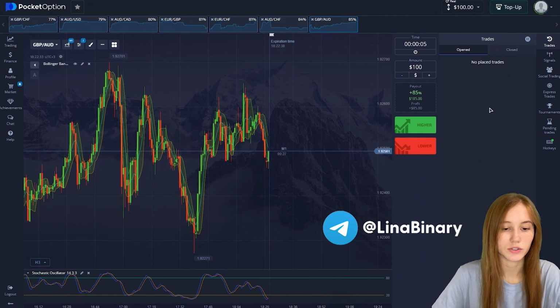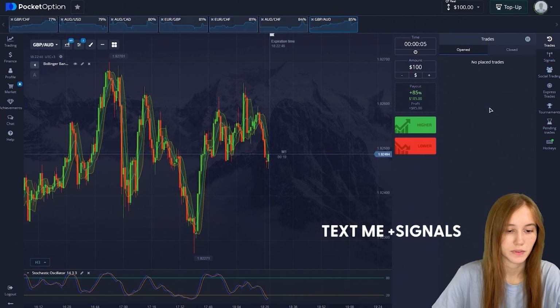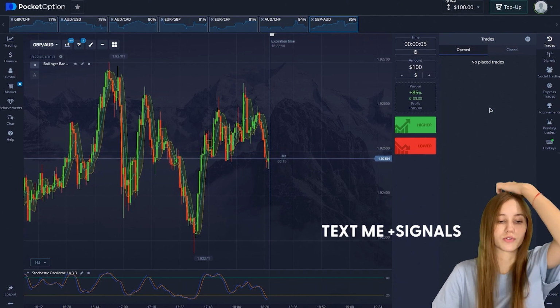So today we'll trade on foreign currency pairs, 9 currency pairs for today.